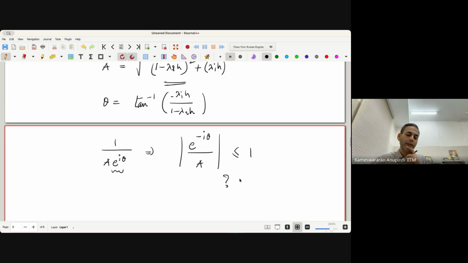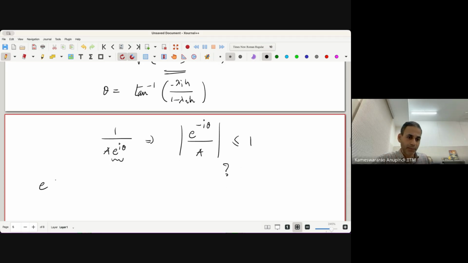Now what is this quantity? When will this quantity be greater than 1, or when will it be less than 1? We said e to the power minus i theta has a magnitude whose maximum value is 1, right? Because this is cosine theta minus i sin theta. So the maximum value it can take is just 1.